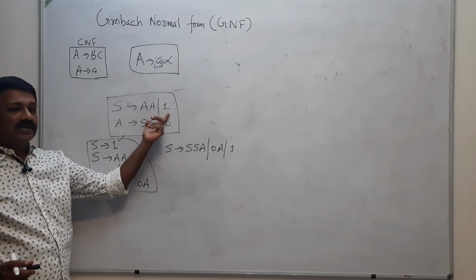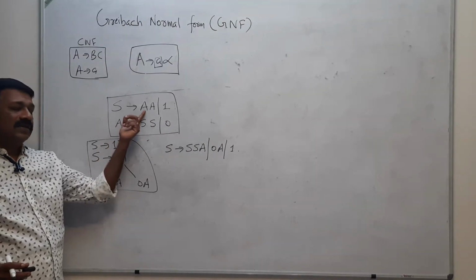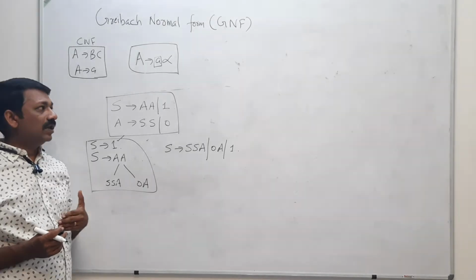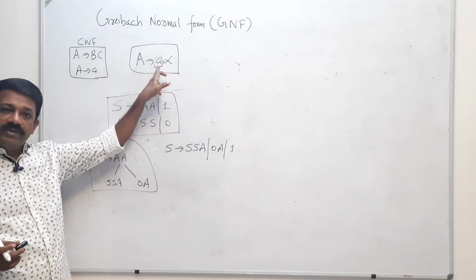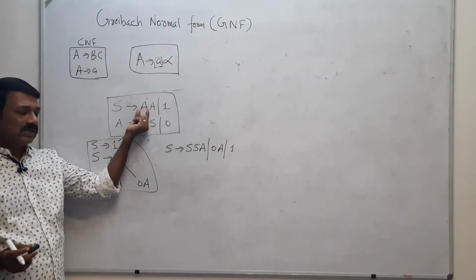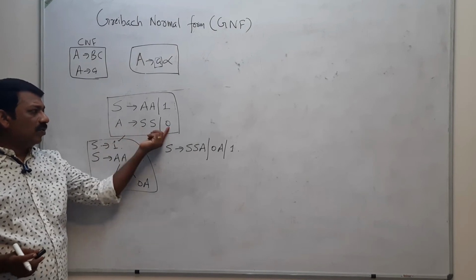Now what I have done is S derives AA or 1. S derives 1 is in Greibach normal form. What about S derives AA? That is not in Greibach normal form. We are trying to convert that to Greibach normal form. That means the first symbol on the right hand side should be a terminal. For that, I am going to replace this A with A productions. A productions are A derives SS and A derives 0.